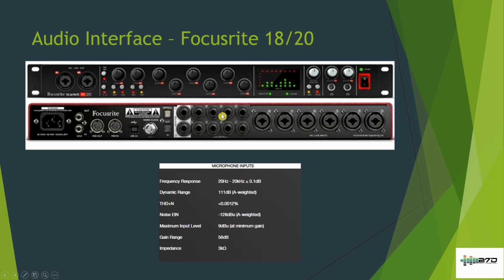You could send loads of different headphone mixes if you so desire. 2 dedicated headphone outs there, and we can also see from the specs there 20 Hz to 20k and 111 dB of dynamic range. We can see all that's different here is we've got loads more inputs and outputs. So that ends our lovely little audio interface wander around.